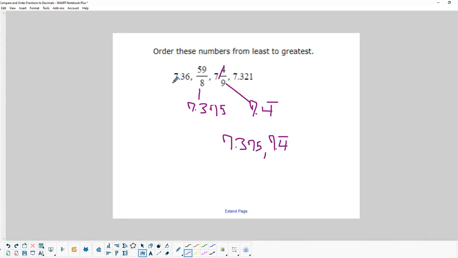Then I've got 7.36 and 7.321. So there's my 4 numbers from least to greatest.